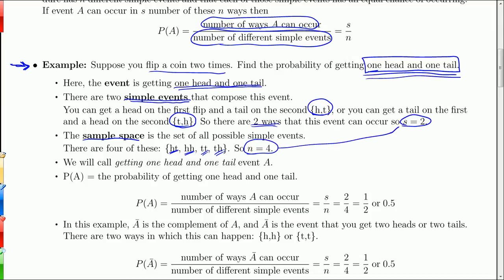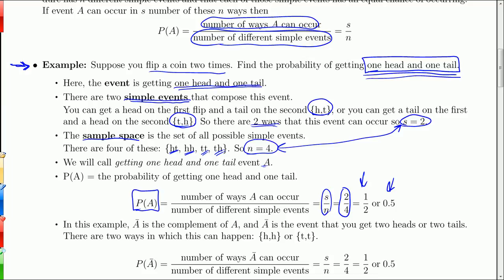There are the 2 important numbers, S and N. We'll denote our event of getting 1 head and 1 tail as event A. We're seeking the probability of A, which is just S over N. In this case, 2 over 4, which is 1/2 or 0.5, whichever way you want it.